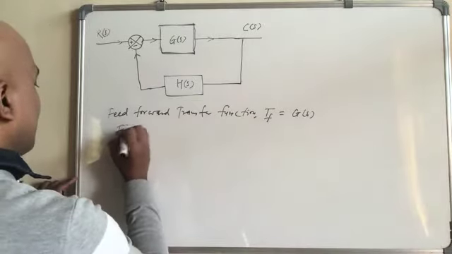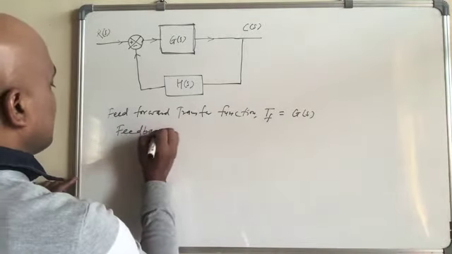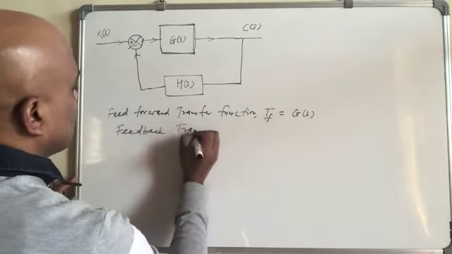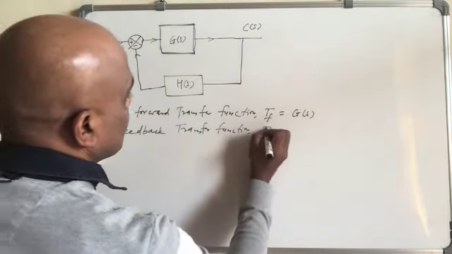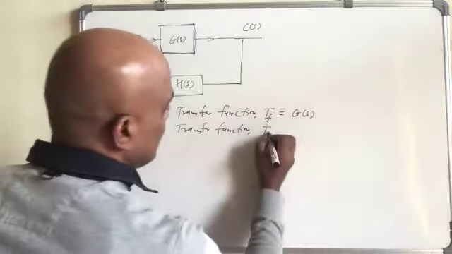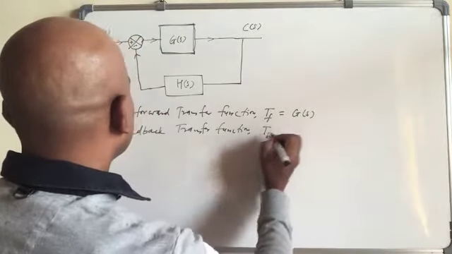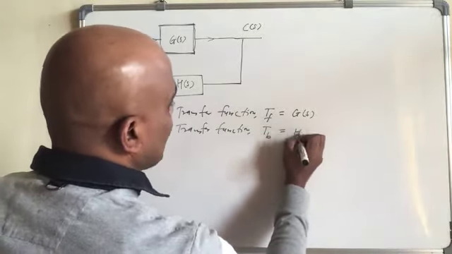Then the feedback transfer function, let's call it TB, equal to H(s).